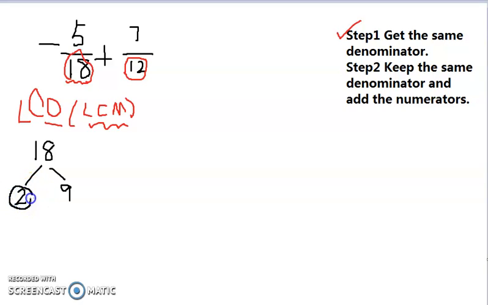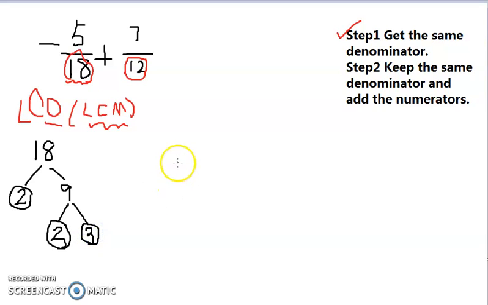See if 2 goes in there, because 18 is even. 2 does go into 18, and we know 2 goes into 18 9 times. 9 is not even, so we have to continue. 2 doesn't go into 9, so we try the next prime number, 3. And 3 goes into 9 3 times.